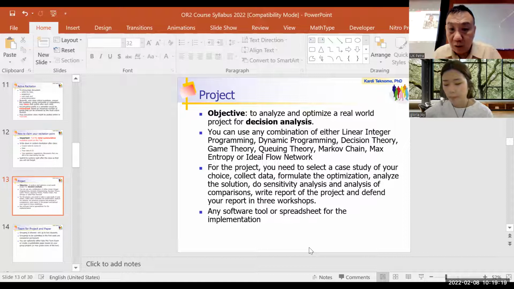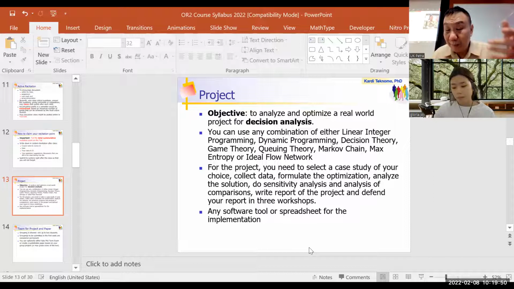Okay, so for the project you need to collect data on your own, and then select a case study that you think it is okay. And you will formulate the optimization formula. You know, like in linear programming, objective function is what, the constraint is what. Of course, this is a project, 40% or 30%, so supposed to be quite big, right?